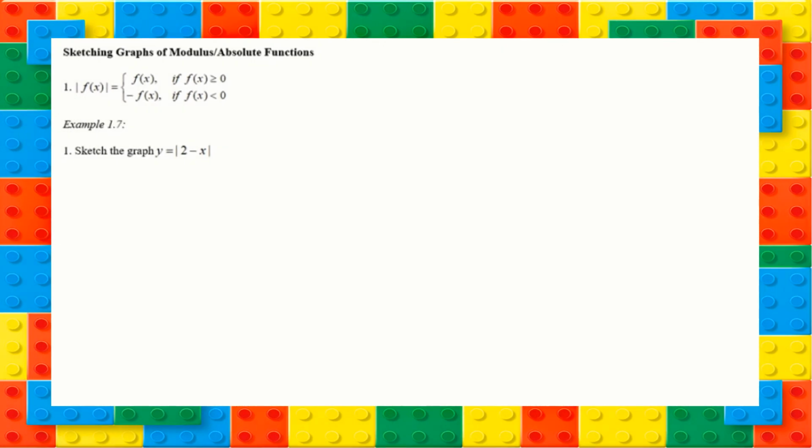When sketching graphs of modulus functions, normally we need to change the modulus into non-modulus. So generally this is the formula that we can use when changing modulus into non-modulus.